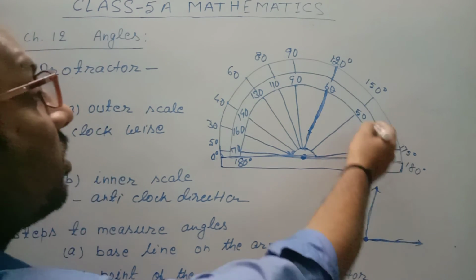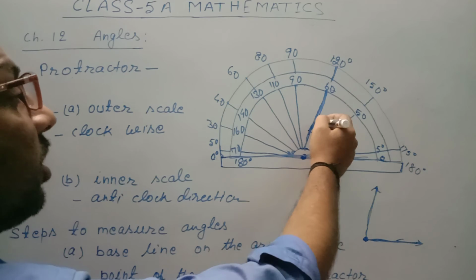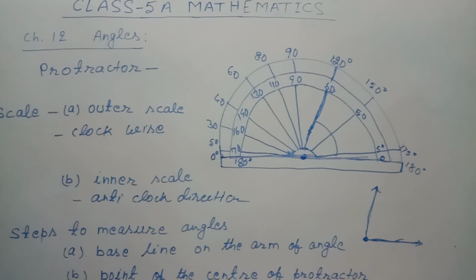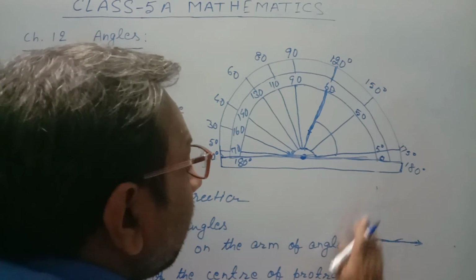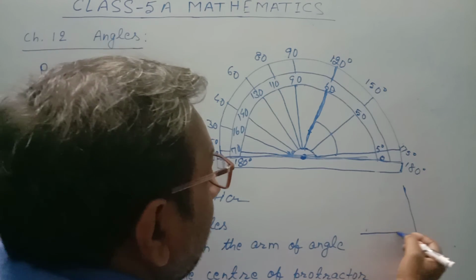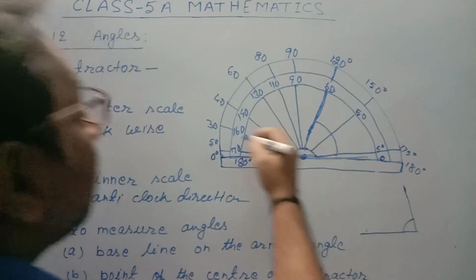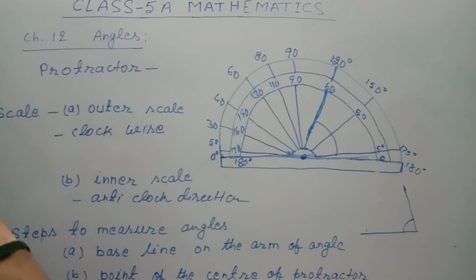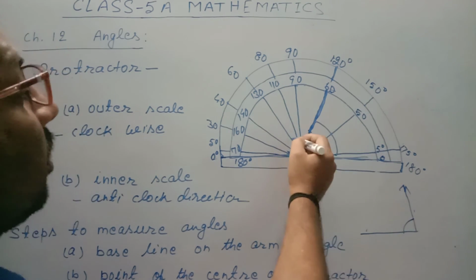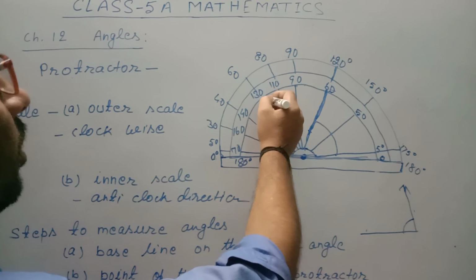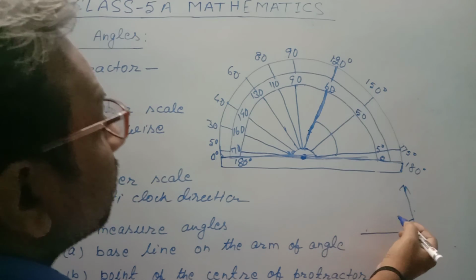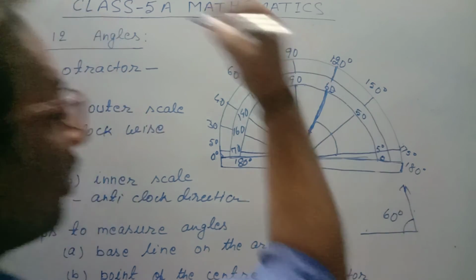Then the measurement of this angle is 60 degrees. Now if the baseline is extended towards the left side, then you will use the outer scale. Suppose in that case this ray is passing through this scale, we will use the outer scale, so the measurement of this angle is 60 degrees.